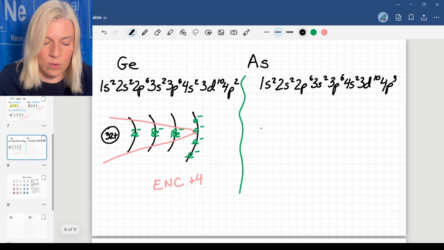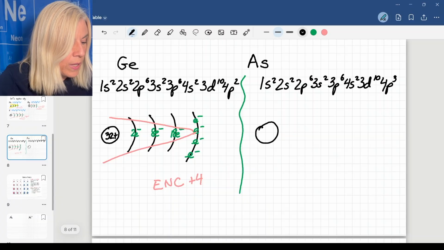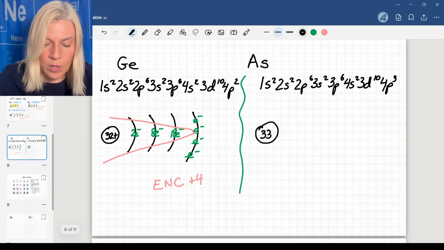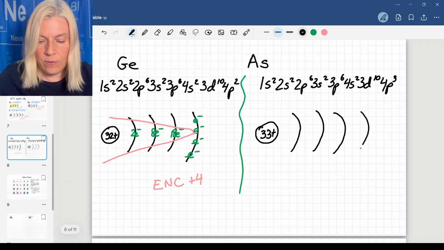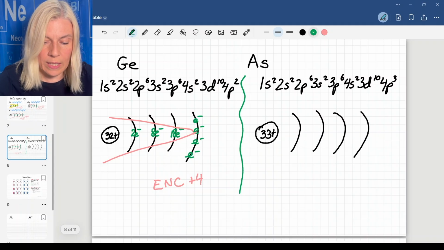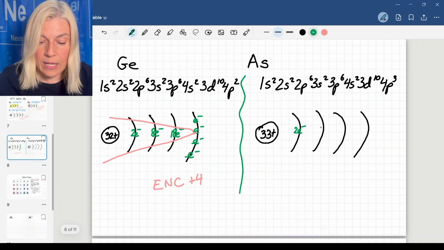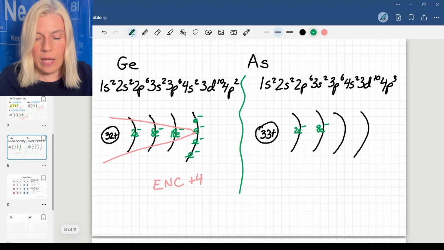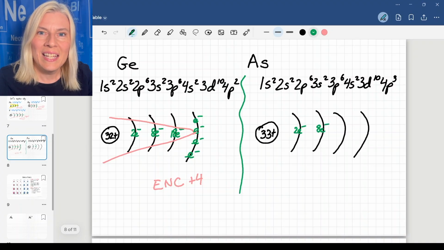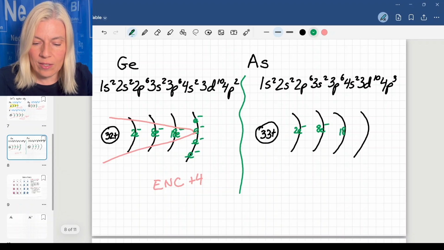Arsenic is right next to germanium, and it has 33 protons, and again 4 energy layers, 1, 2, 3, 4. And we're going to put in 2 electrons on the first layer, 8 electrons. Okay, what about the third energy layer? You're going through the d orbitals, yes, so that means 18 electrons.